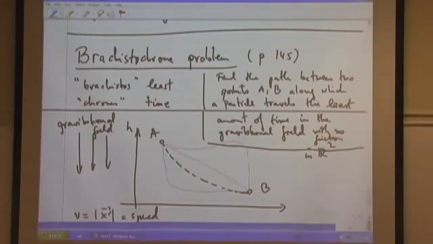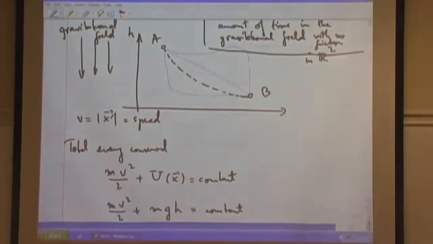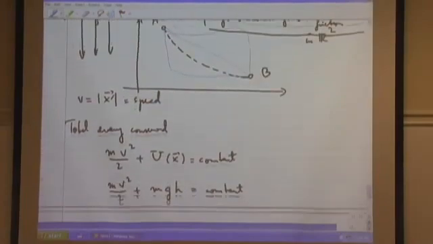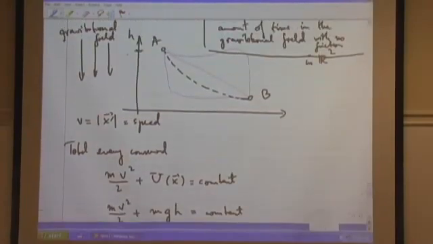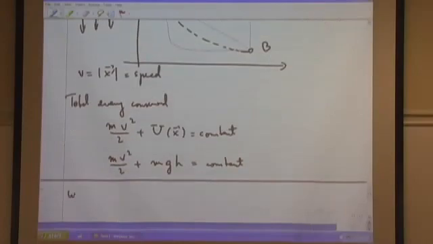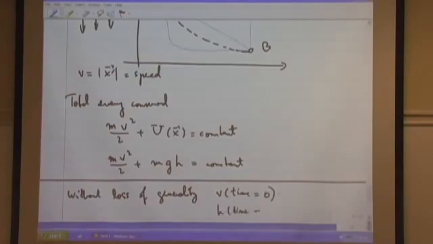Okay, so think about h equals 0, and you start with velocity equals 0 at A. So without loss of generality, we're going to assume that the height at point A and the velocity are both 0.